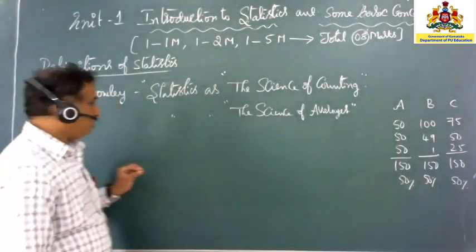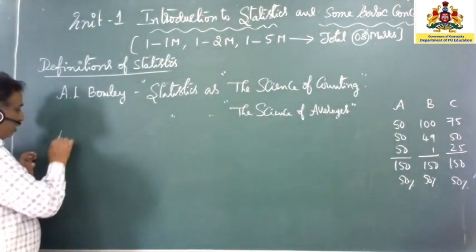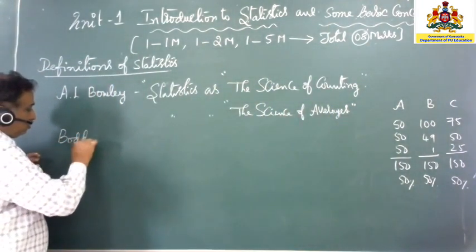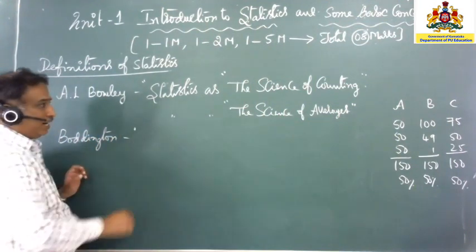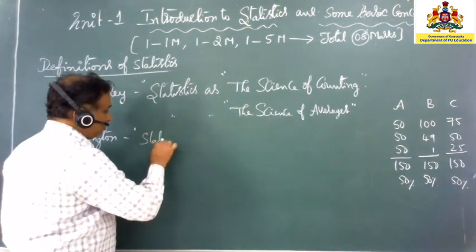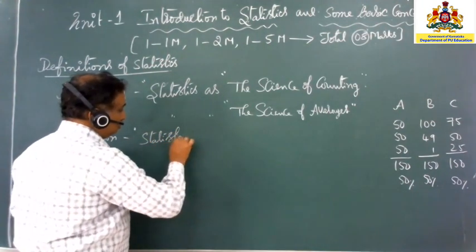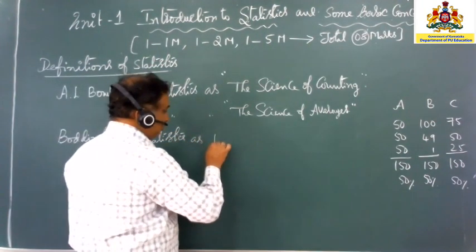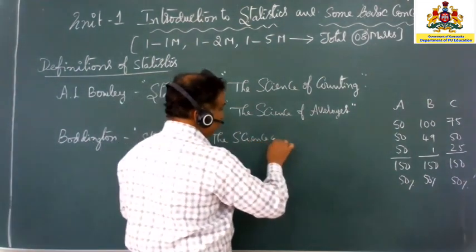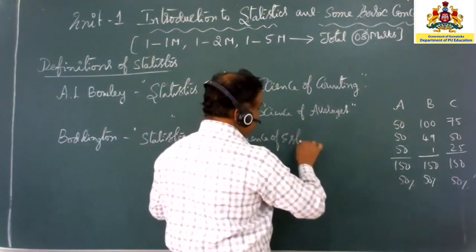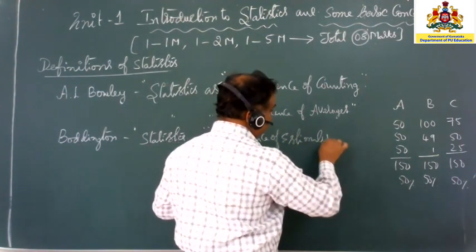One more definition was given by Boddington: statistics as the science of estimates and probabilities.